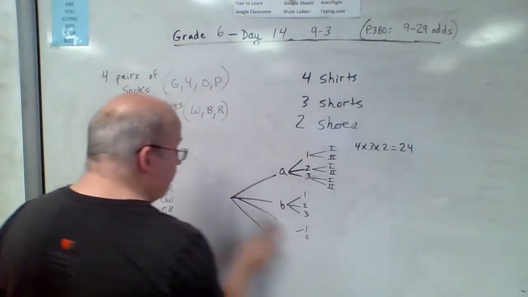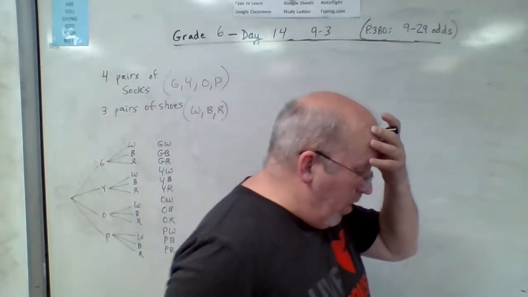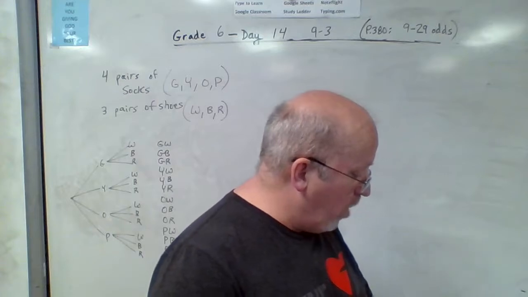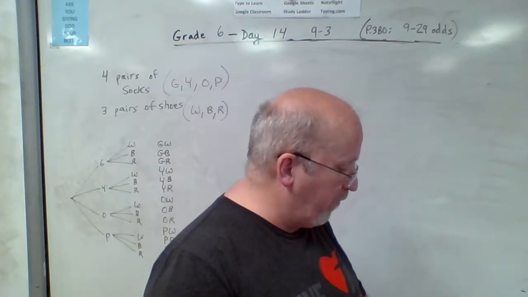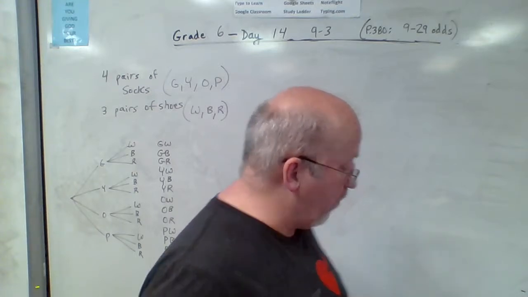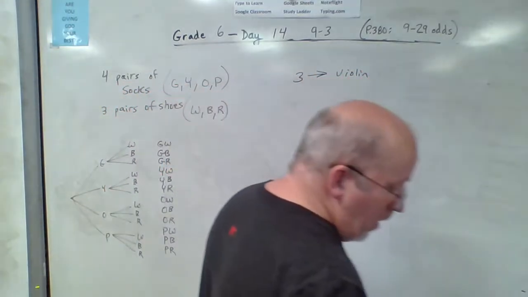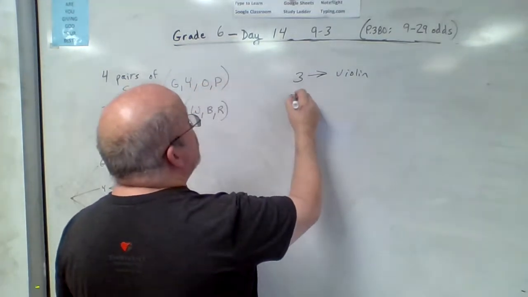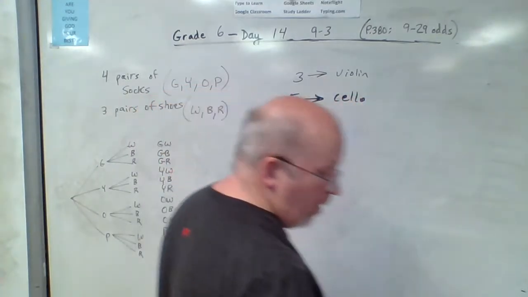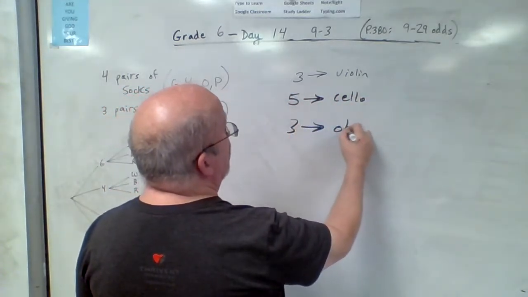Let's try another example. Let's imagine an orchestra has 1 opening for a violinist, 1 opening for a cellist, and 1 opening for an oboist. 3 musicians are trying out for violin, 5 musicians are trying out for the cello, and 3 people are trying out for the oboe.